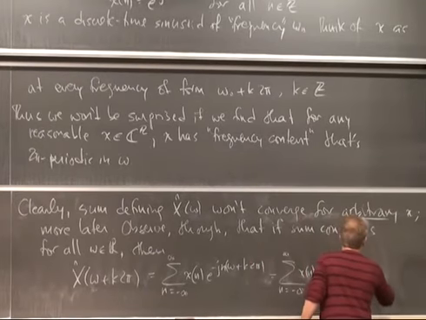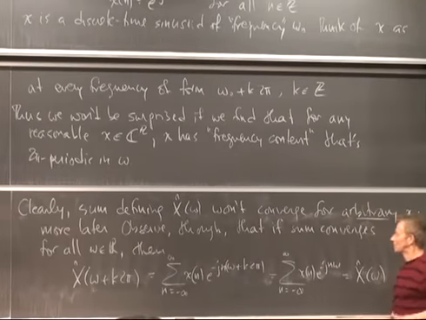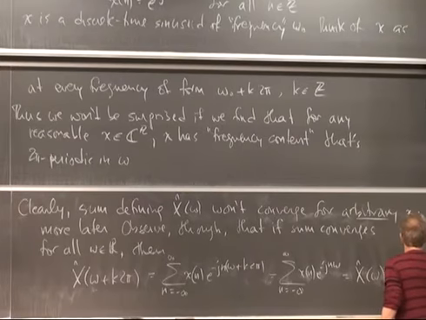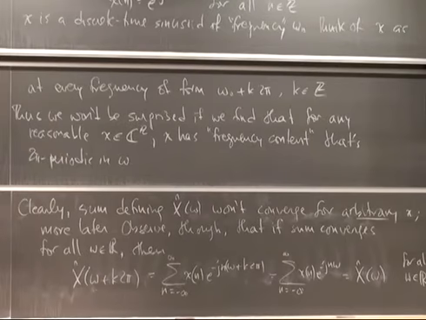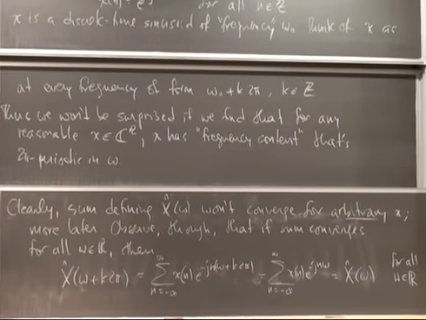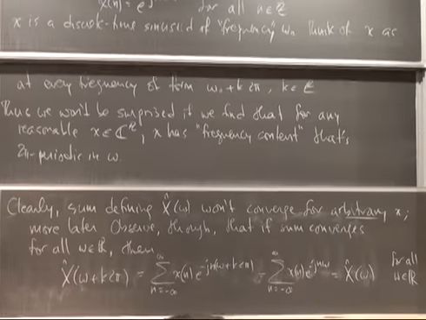And that is just x hat of omega. So x hat of omega plus k2 pi equals x hat of omega for all omega. Consequently, if the signal x has this DTFT and that sum converges for all omega, that function of omega is 2 pi periodic. And that's the thing I said we wouldn't be surprised if we discovered.